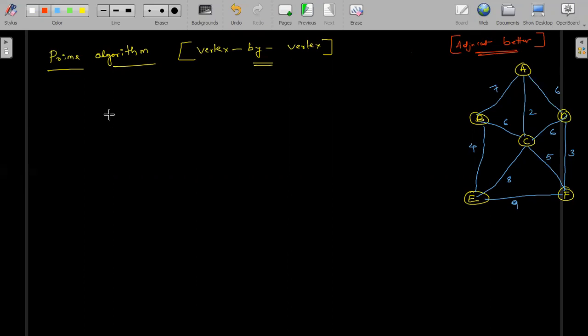So first, this method will give you vertex by vertex.